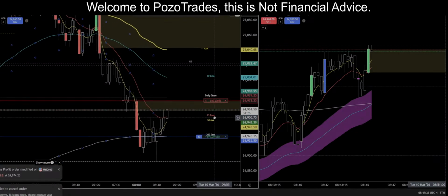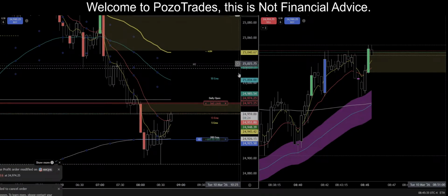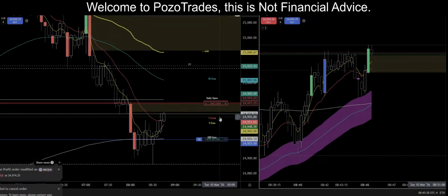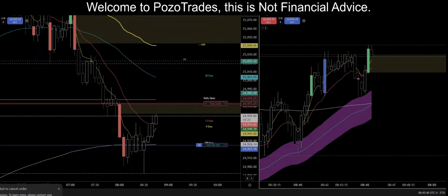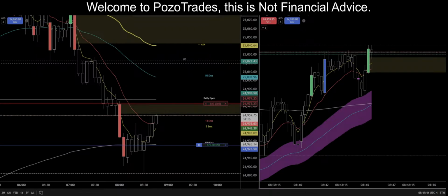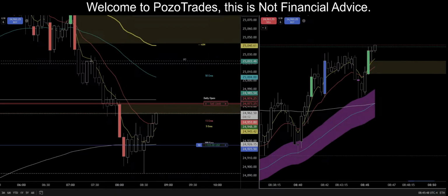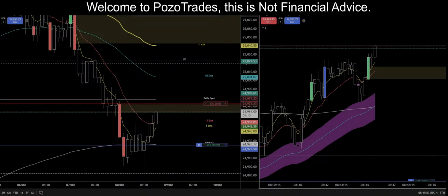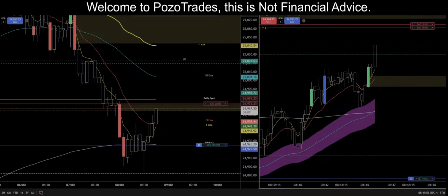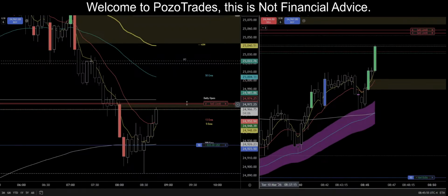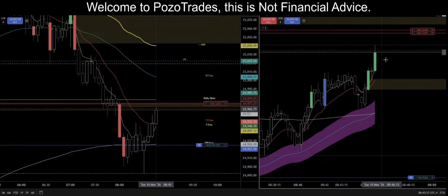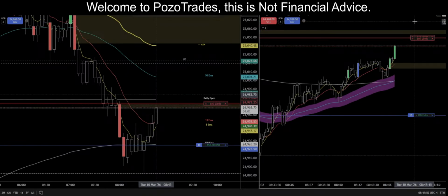Just looking for them to take back this red vector on the 5 minute. They were getting a push. Need one more green vector to get some follow through.